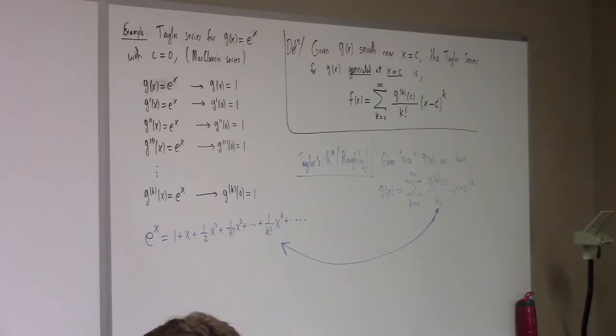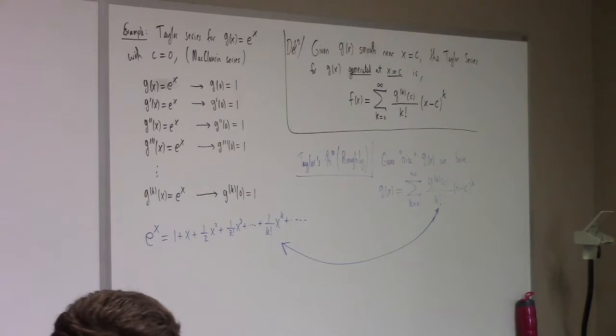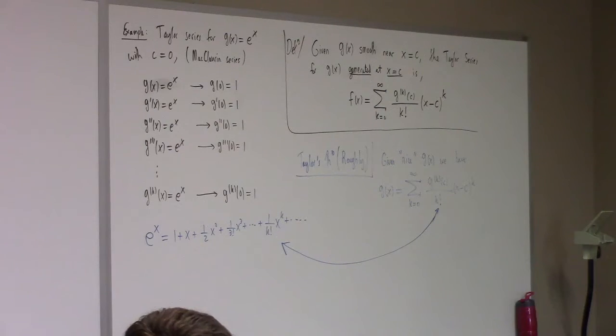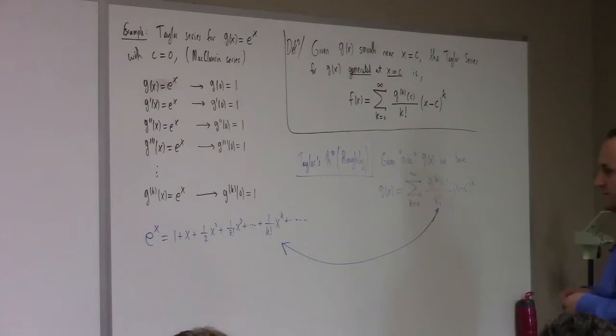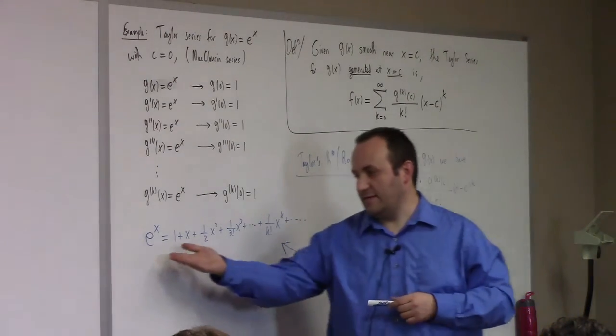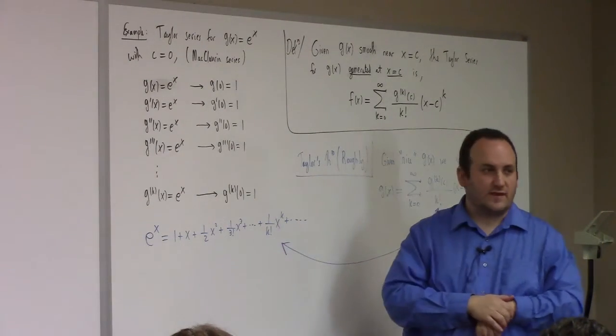They come from the power rule, really. If you understand this motivating calculation, every time we differentiate, we bring down a power, and those have to be reflected in the coefficients. If differentiating brings down a power, and you want the coefficients to match the derivatives, then you have to divide by the same powers to make it work out. So that is, in fact, the Maclaurin series for the exponential.